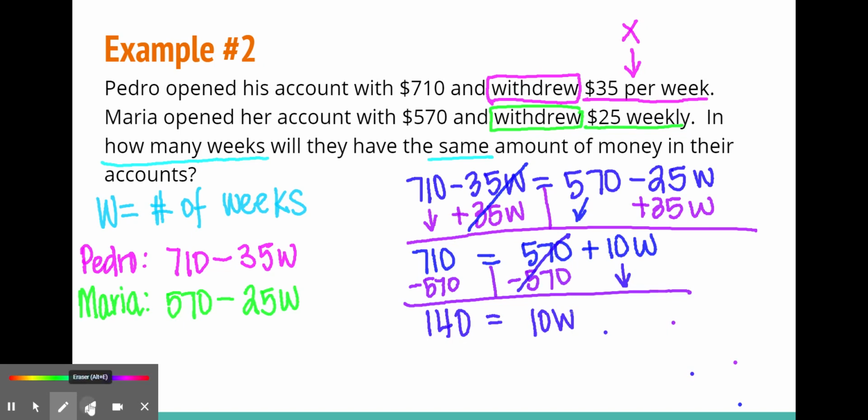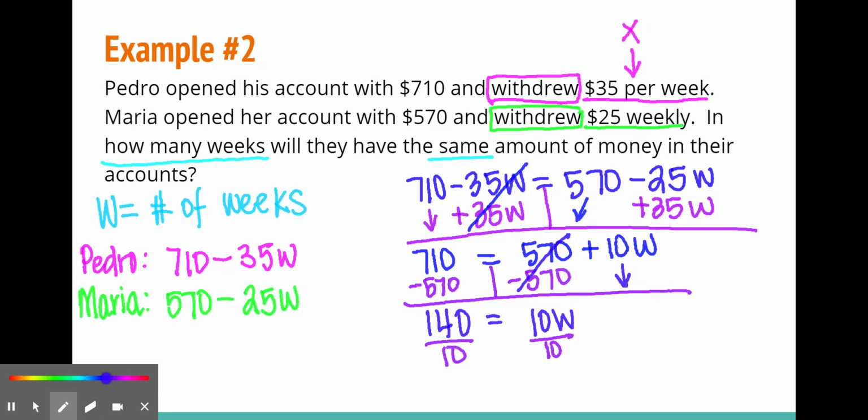Okay, I'm almost done. Now what I need to do next is get rid of that 10 that is in front of the W. To get rid of that 10, I need to do the opposite of what it's currently doing. It's currently multiplying W, so the opposite of multiplication is division. So I'm going to divide by 10 on both sides.